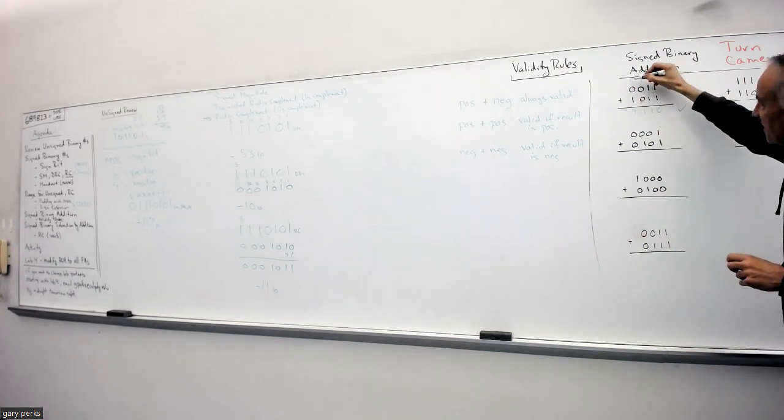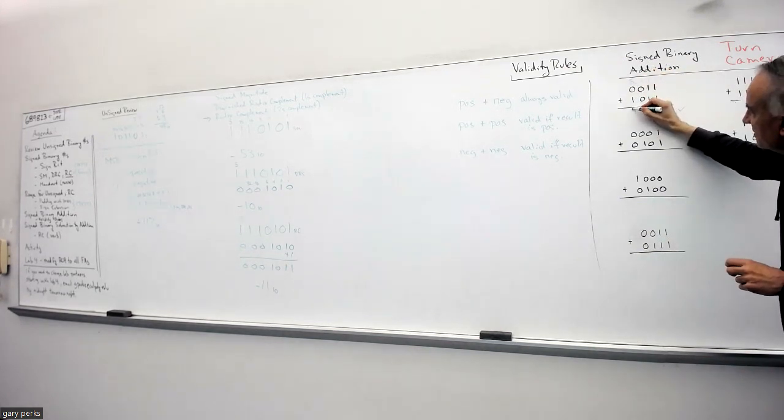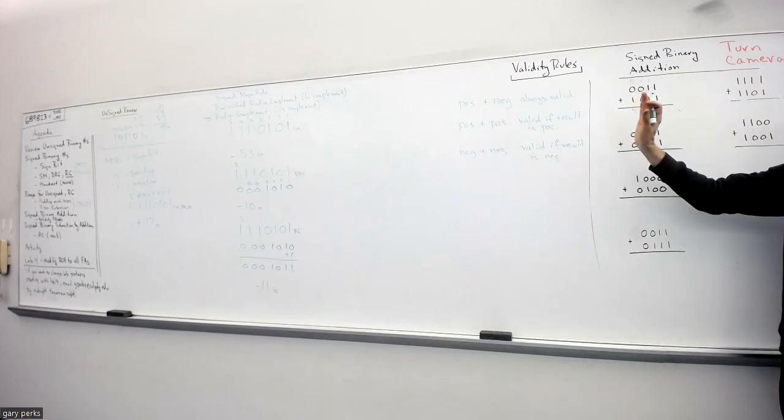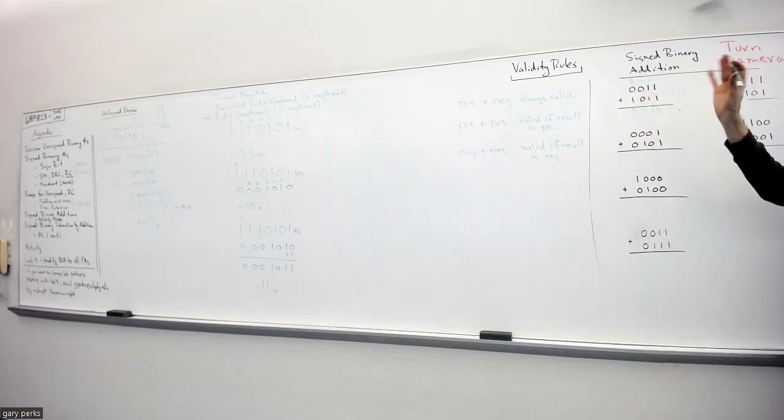Just like these are the sign bits of what we're adding, this here is the sign bit of our result, because the most significant bit to the left is your sign bit.